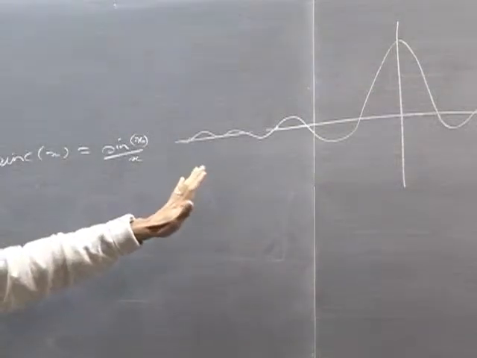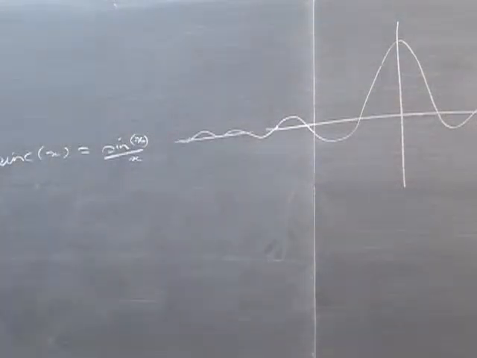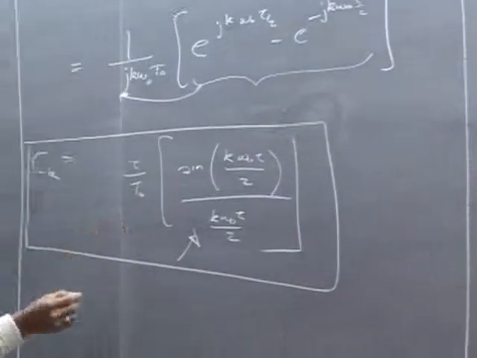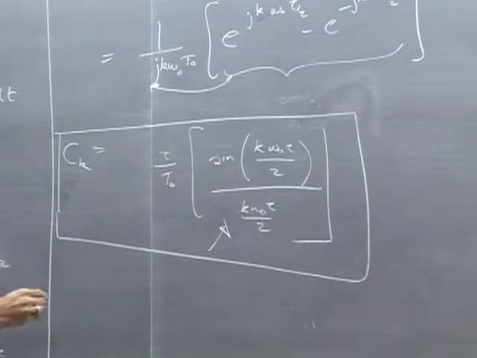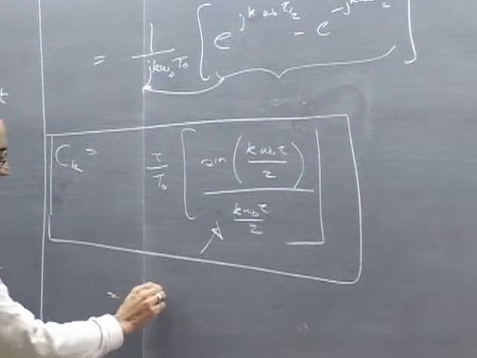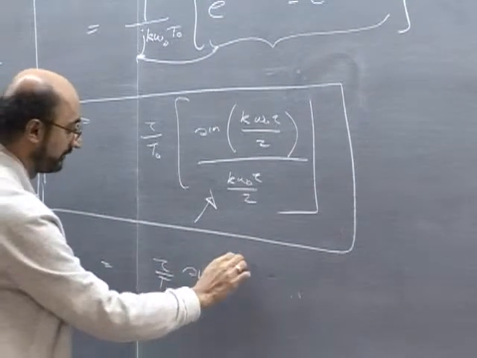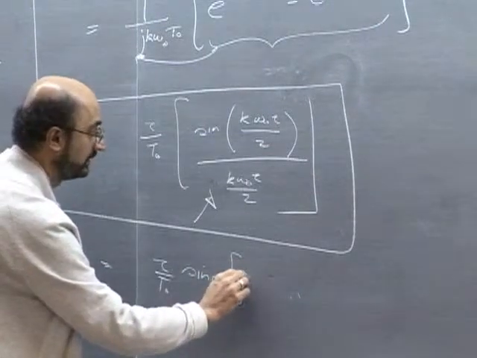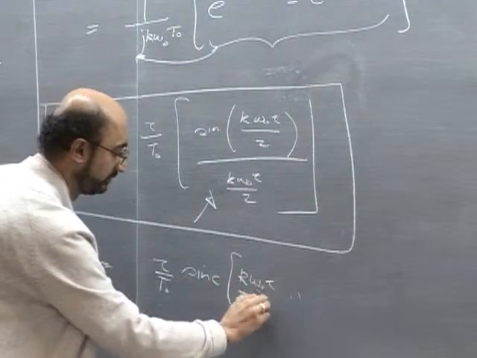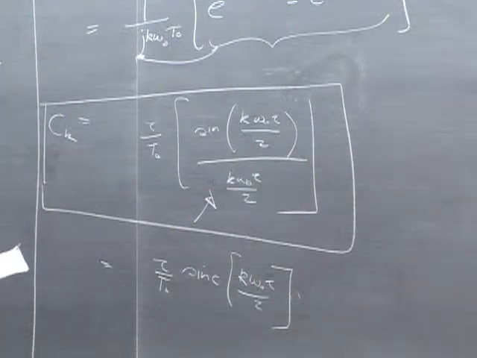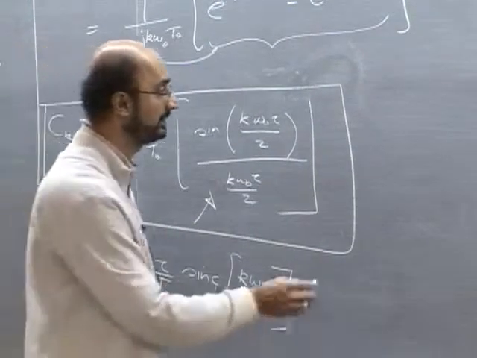Okay. All I'm trying to do here is to explain why I wanted the sine x by x form. And if we agree to that, then we can write this as tau by T0 sinc of k omega naught tau by 2. Actually, I can define a slightly different function.